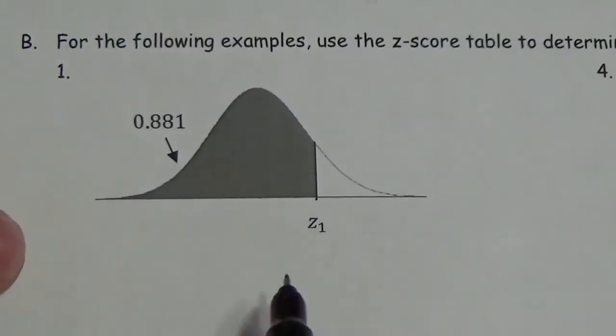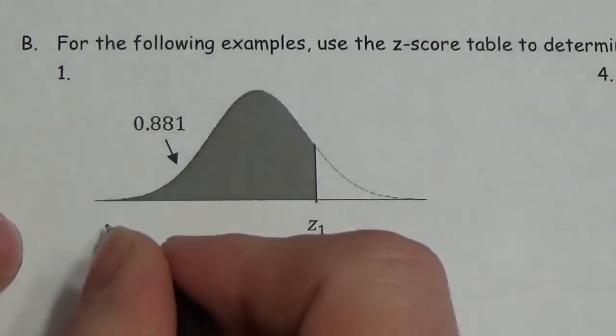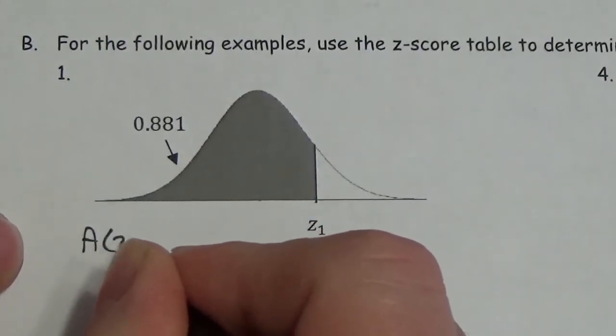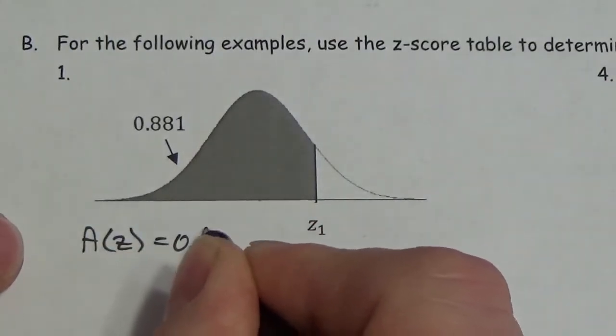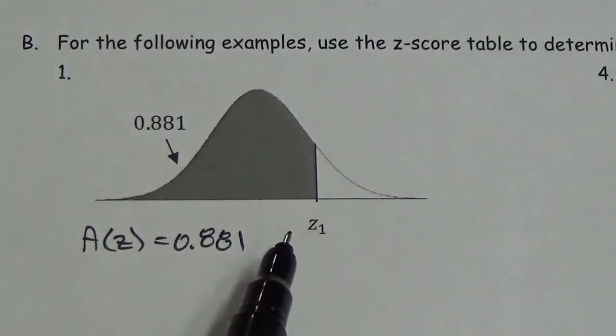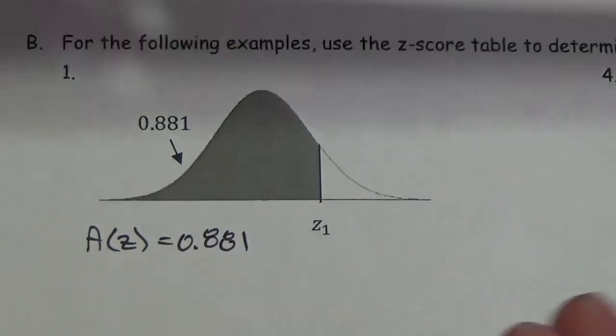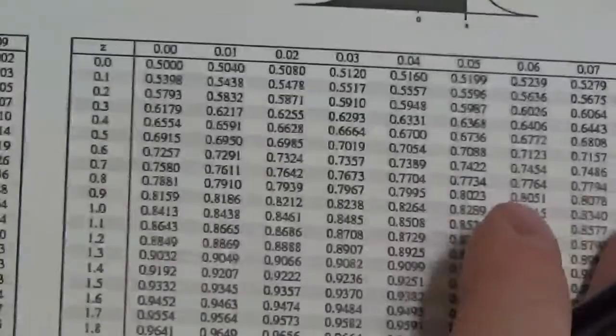So to start off with here, I want to figure out what the z-score is if I know that the area to the left of it is 0.881. So this is basically like saying the area to the left of that is 0.881. So what is the corresponding z-score? Well, I look at my chart here, and because this is greater than 0.5, I know this is going to be on the right-hand side of my chart here.